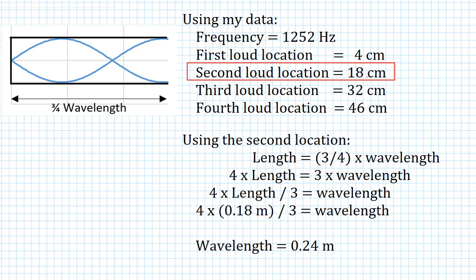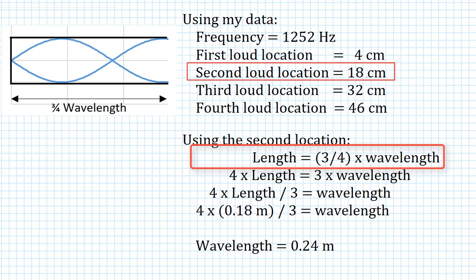The second location where I heard a loud sound, the second place I had resonance in my pipe, occurred when the pipe was 18 centimeters long. And I know that the length of the pipe has to be equal to 3/4 of the wavelength when I get that resonance, when I get that louder sound.